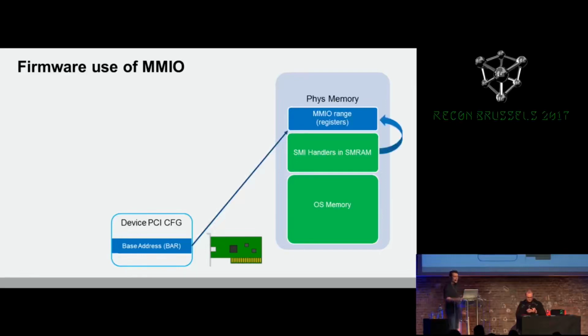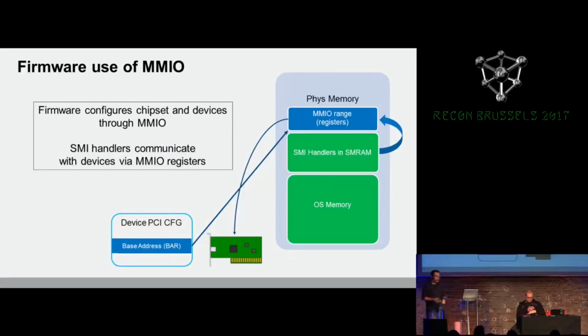And so what SMI handlers usually do, as well as any other boot firmware, is read the base register to get the base address of this MMIO range, and then they either read registers within that range, MMIO registers, or write those registers, or read-modify-write those registers. So basically, in order to send I/O cycles to the particular device. So this is how they essentially communicate with the devices.